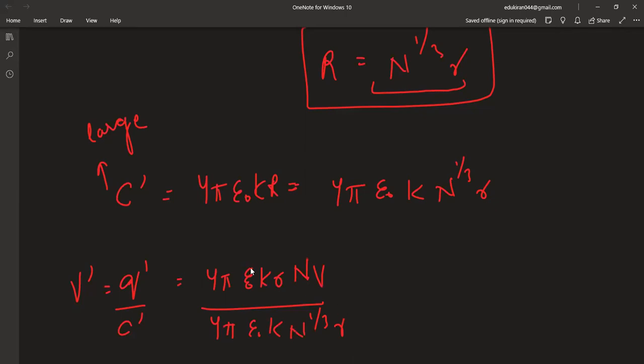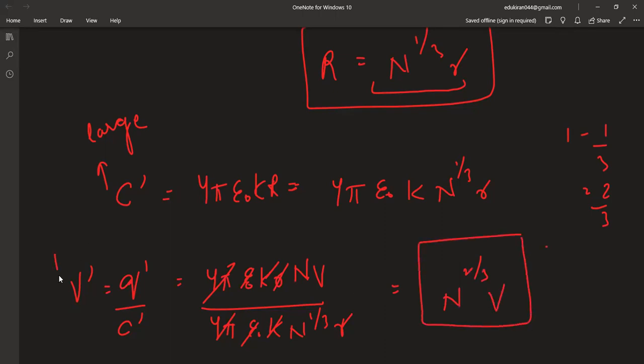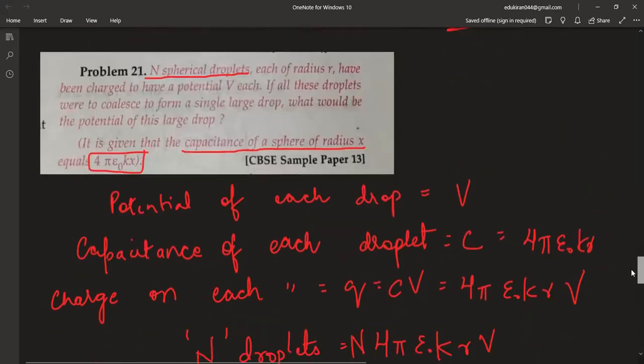So what are we left with? 4 pi epsilon naught k cancelled, small r cancelled. n to the power 1 minus 1 by 3, so 2 by 3. So the answer is n to the power 2 by 3 times V, and this is the potential of the large drop. It's a good question. Mark it as important. Write it.